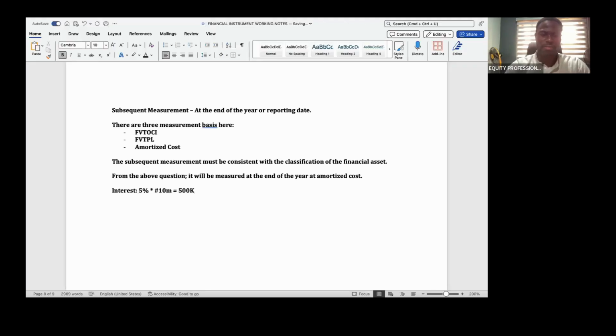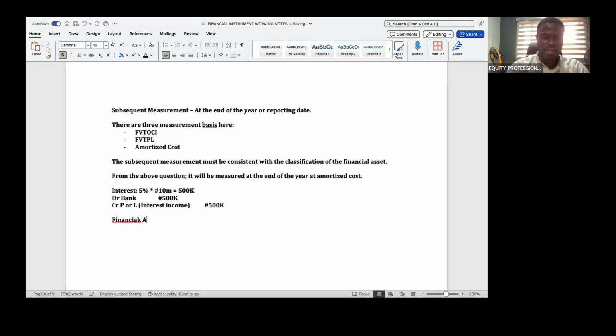And with these interests, because a debt investment requires that you receive interest at specified dates, we assume that we're going to collect this interest at the end of the year, thereby debiting bank, and we're going to credit P&L with interest income of 500,000.